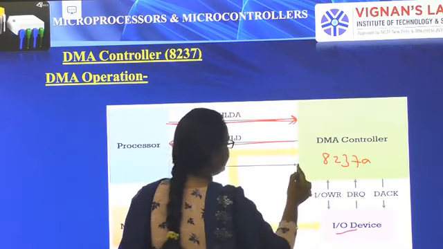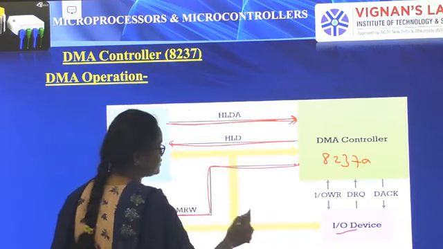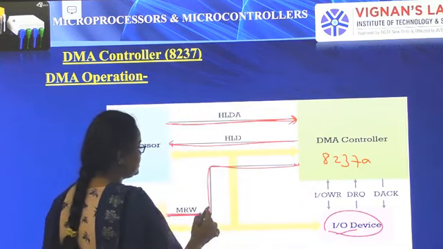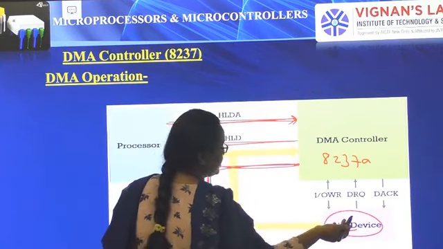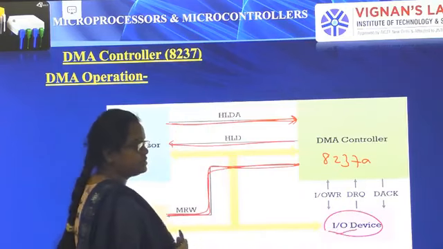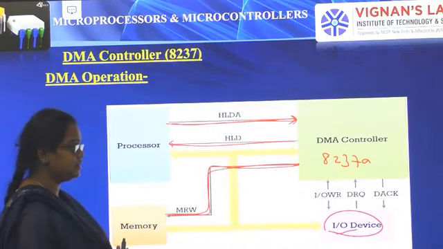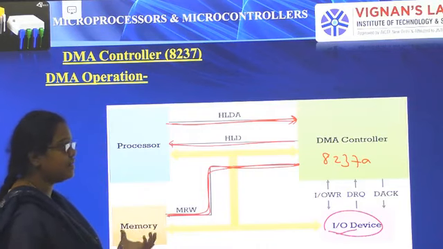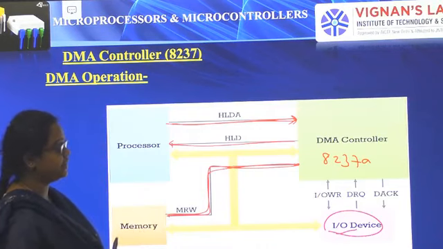Then the DMA controller accesses whatever information was asked by the input output devices from the memory, and sends it to the input output devices by using system buses. All operations related to the memory are handled by the DMA controller.